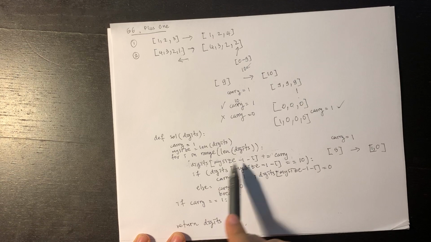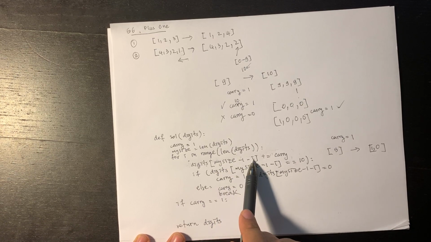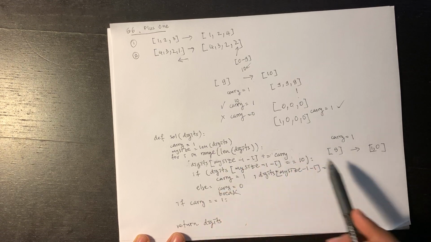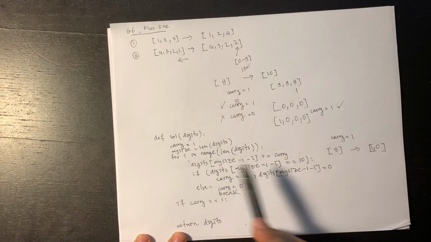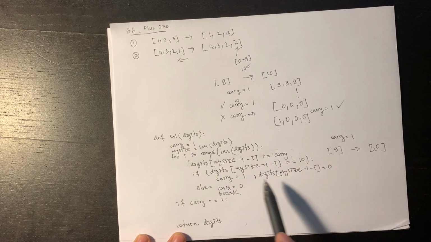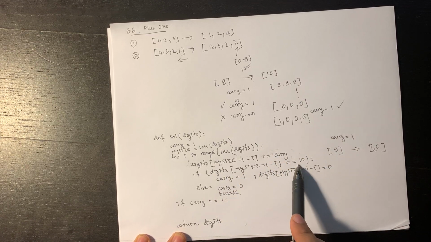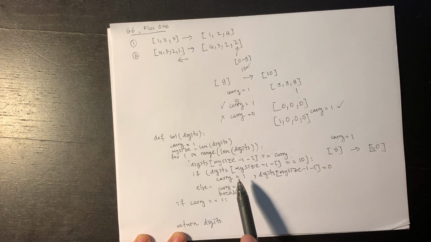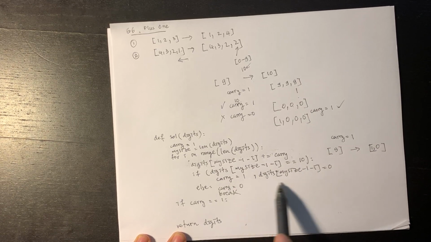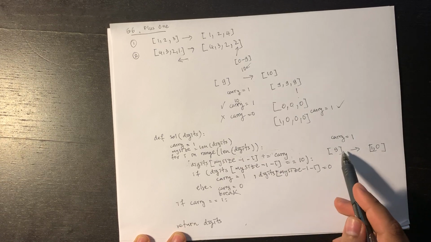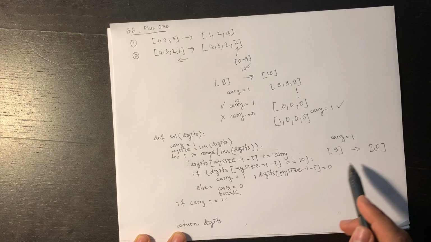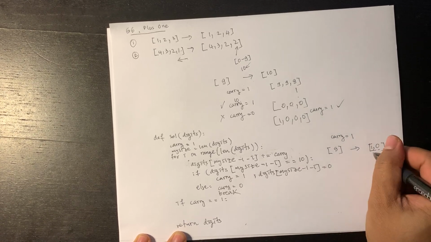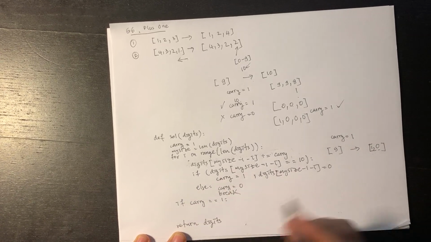My size 1 minus 1 is 0, so the first iteration i would be 0, so digit 0 would be 9, plus equal to carry, which is 1, so we will get 10 right here. Since it is equal to 10, we want to keep the carry at 1, and we want to change the digit to 0 right here.